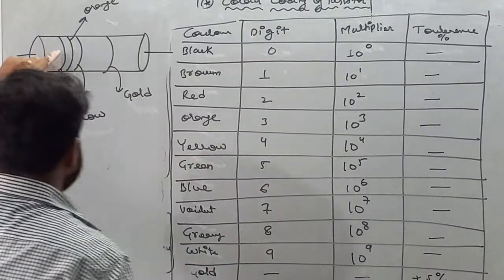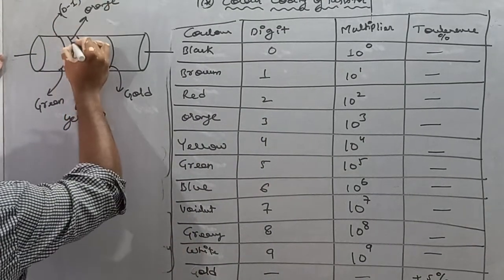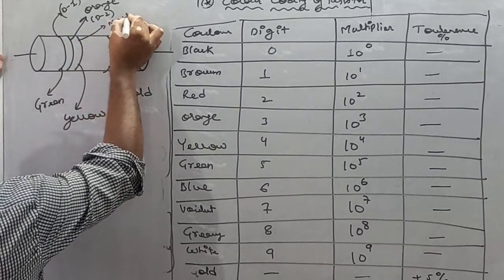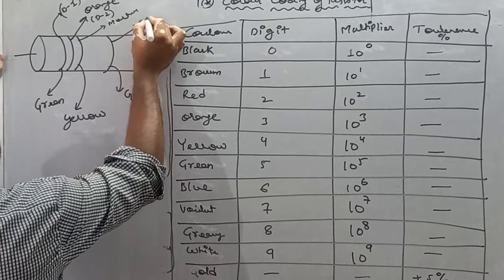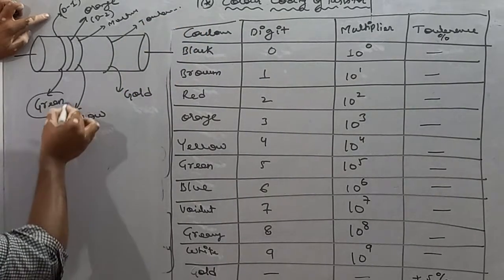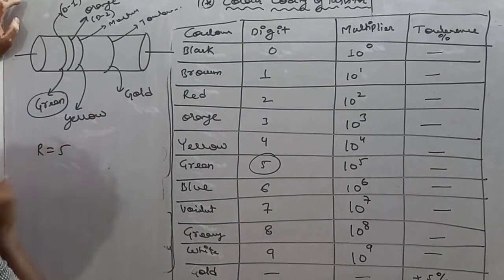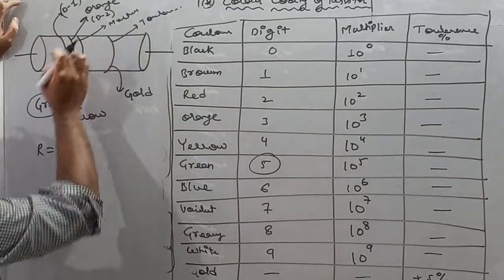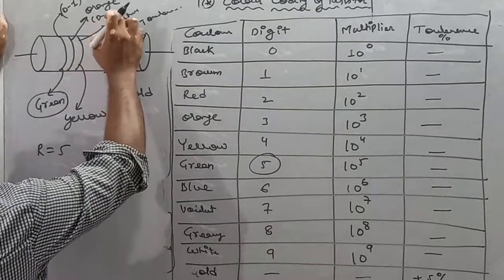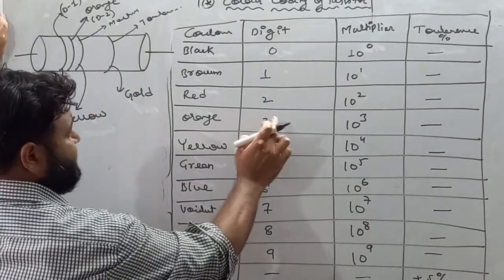Now see, the first band is considered to be digit 1, the second band is digit 2, the third band is the multiplier and the fourth band is the tolerance. So digit 1, the digit of green is 5, so write down 5. Next is orange, the second band, which represents a digit. The digit of orange is 3.